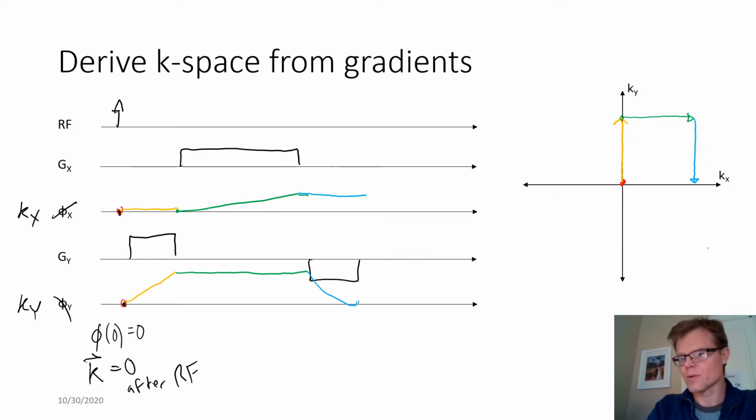What this means when we're on this axis, we're no longer encoding any information about the y direction. We only have some phase encoded in the x direction. And so this is really to illustrate the concept of the k-space trajectory. We'll discuss a bit more next here.